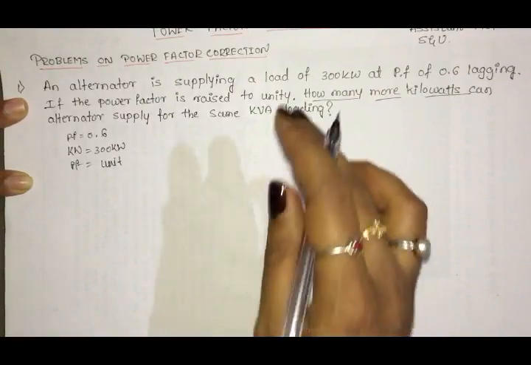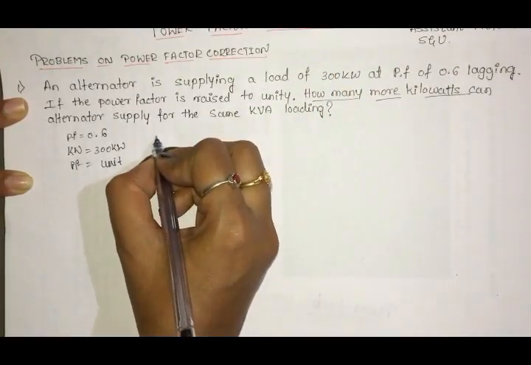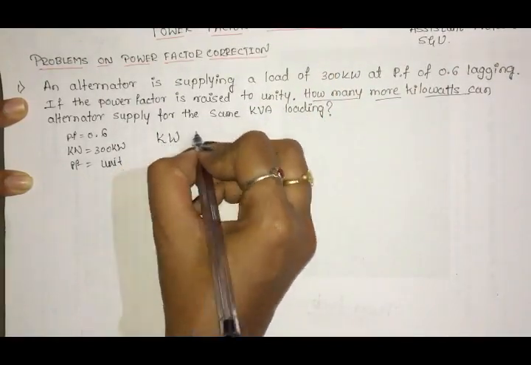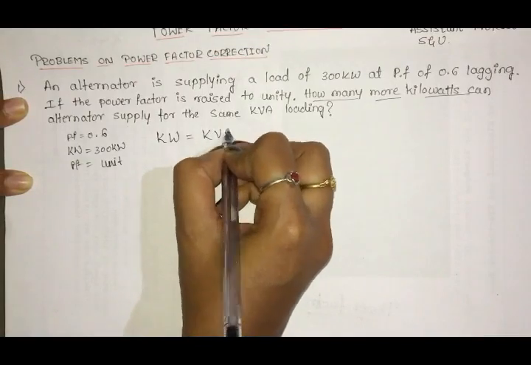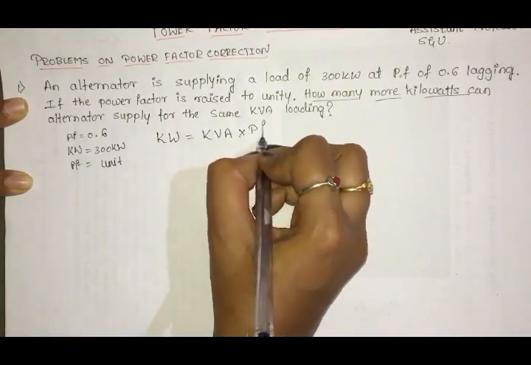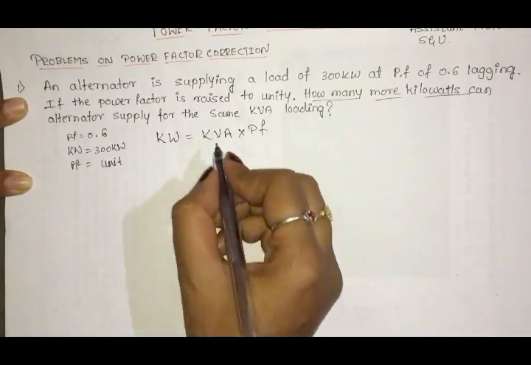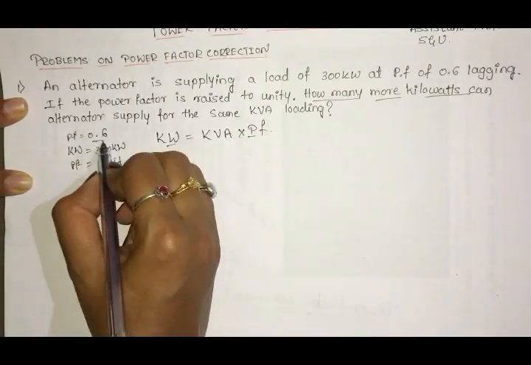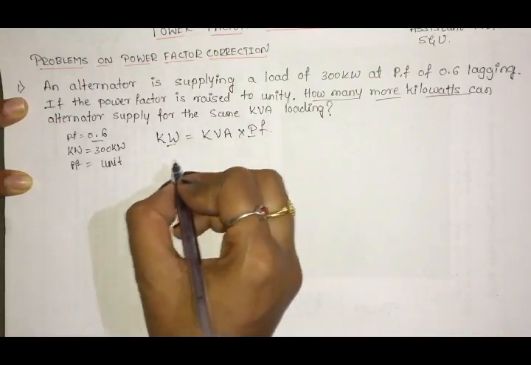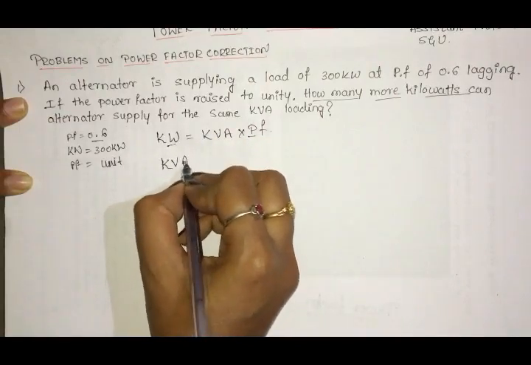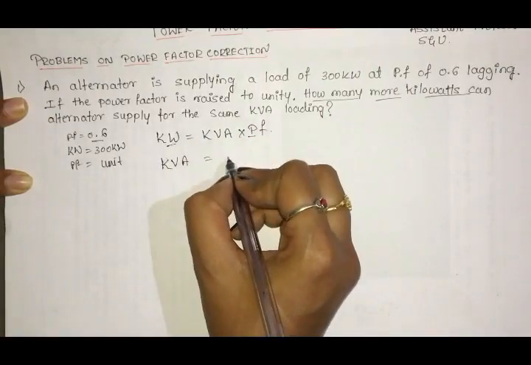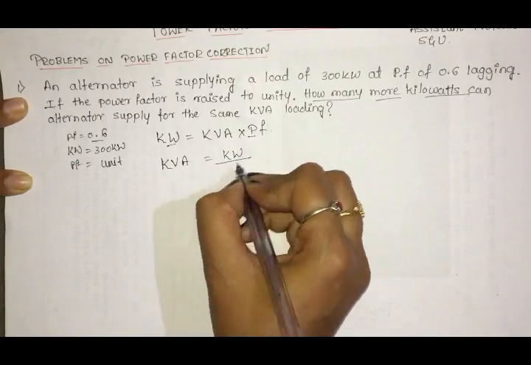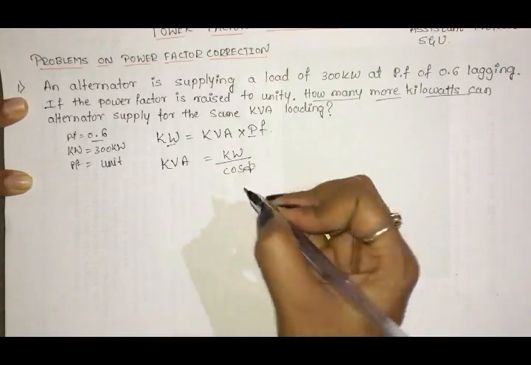So let's solve. We know the formula: kilowatt is equal to kVA into power factor. We know the kilowatt and we know the power factor, 0.6. So I'll take kVA outside, which equals kilowatt divided by cos phi.